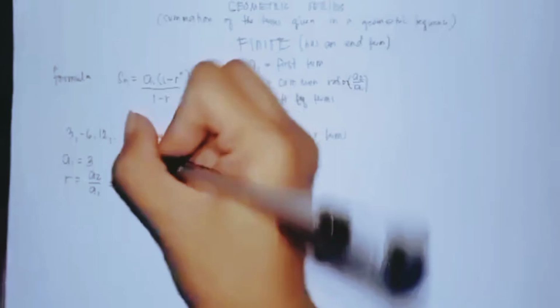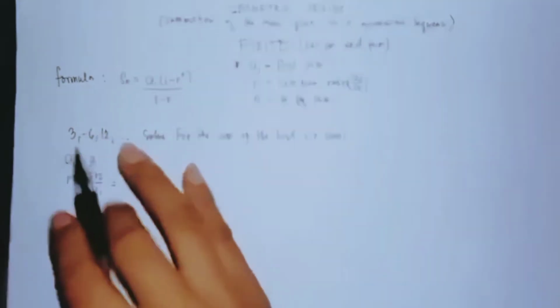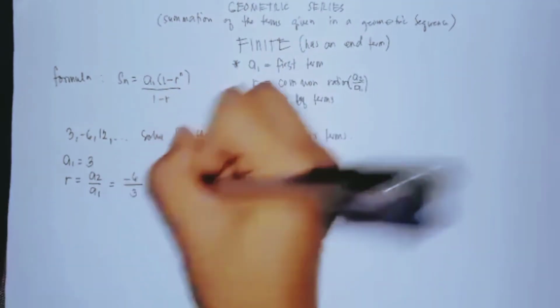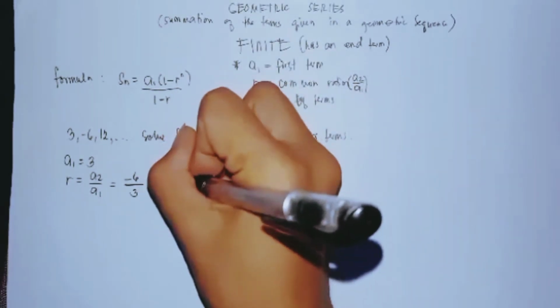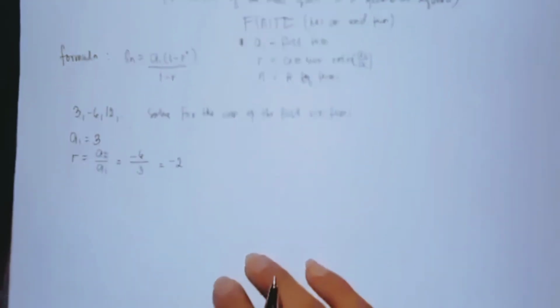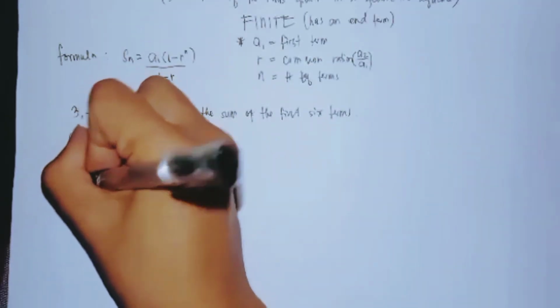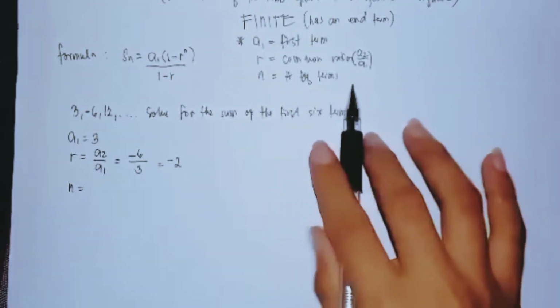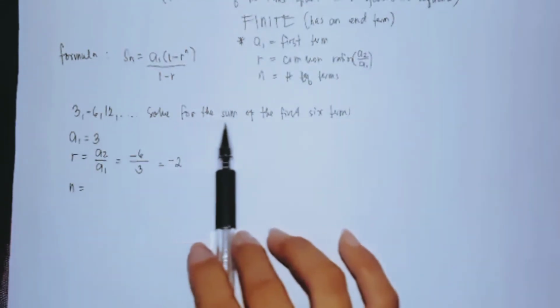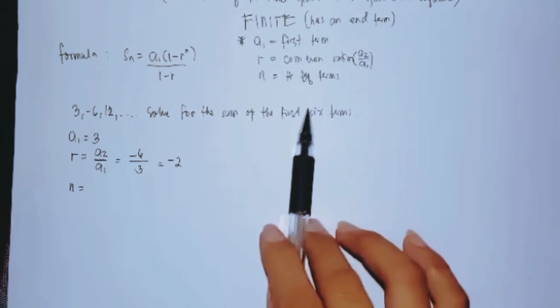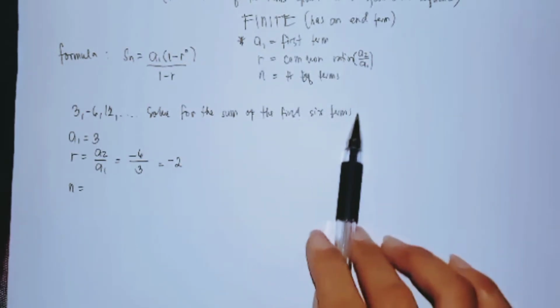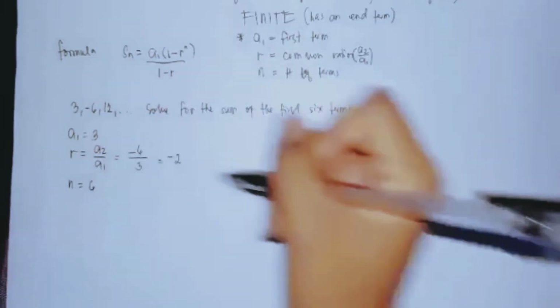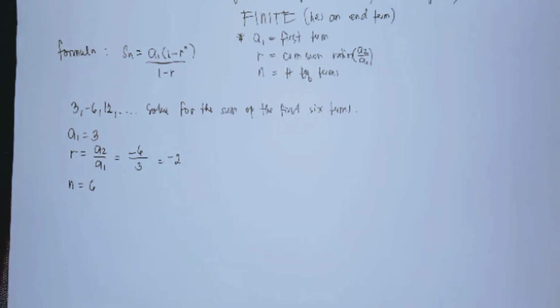So, dito, A2 is negative 6 and A1 is 3. So, negative 6 divided by 3 is negative 2. And then, n is the number of terms. Dito, sabi niya, solve for the sum of the first 6 terms. Therefore, ilan ang terms na meron? 6. So, n is equal to 6.